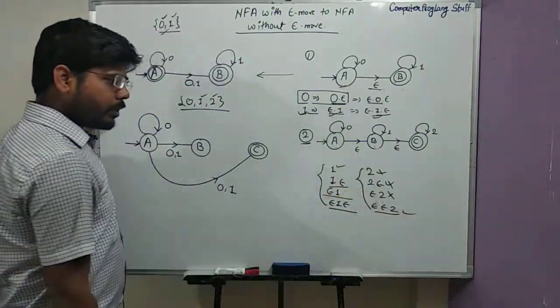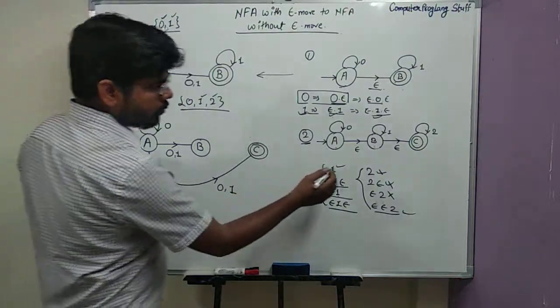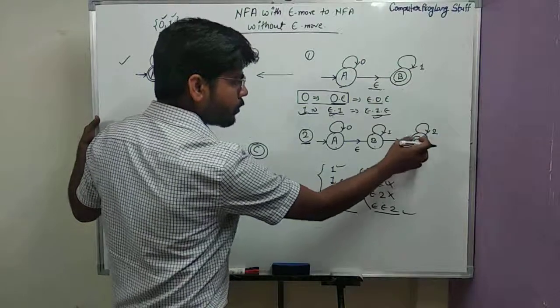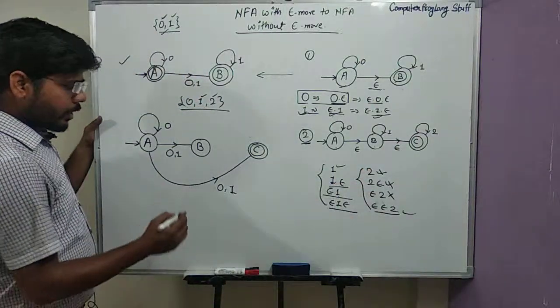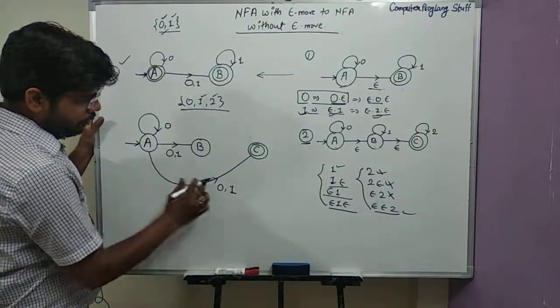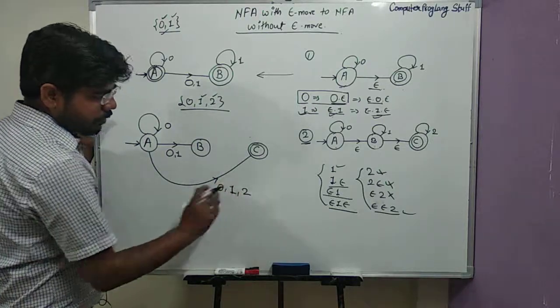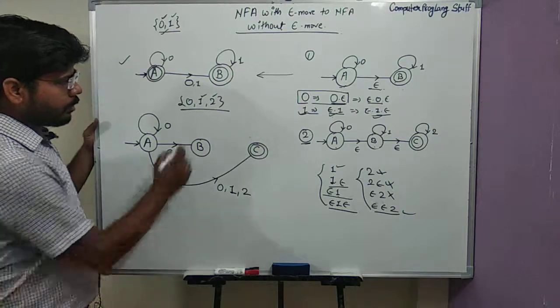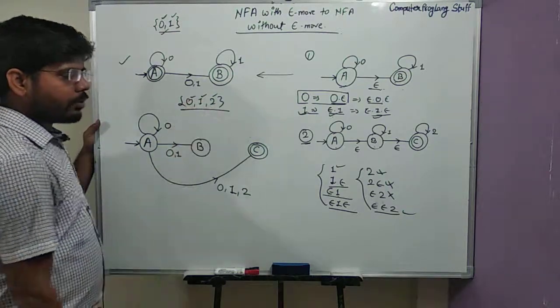So all these cases are equal. So what this means is that from A to C we are also able to make a transition for 2. So that means from A to C we will also have a transition for 2. Okay, now we have completed all the transitions for input symbols.